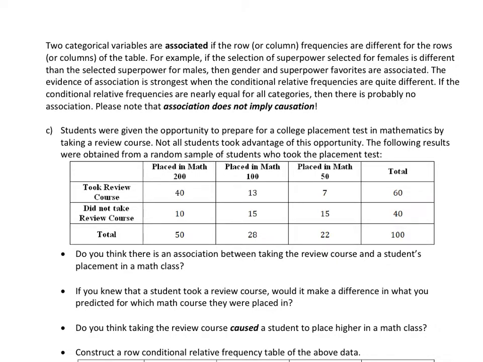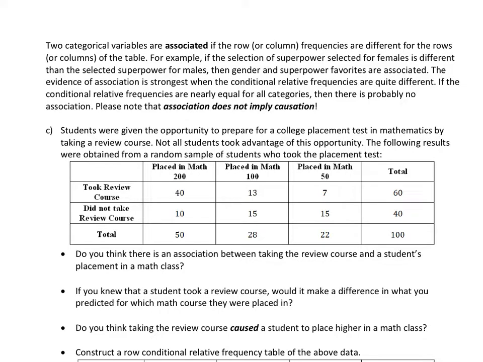We have those that took a review course, 40, 13, 7. There were 60 that took the review course and 40 that did not, making a total of 100 students. So we have here 40 of the kids that took the review course ended up in the higher math. So 40 out of 50 kids placed in Math 200.